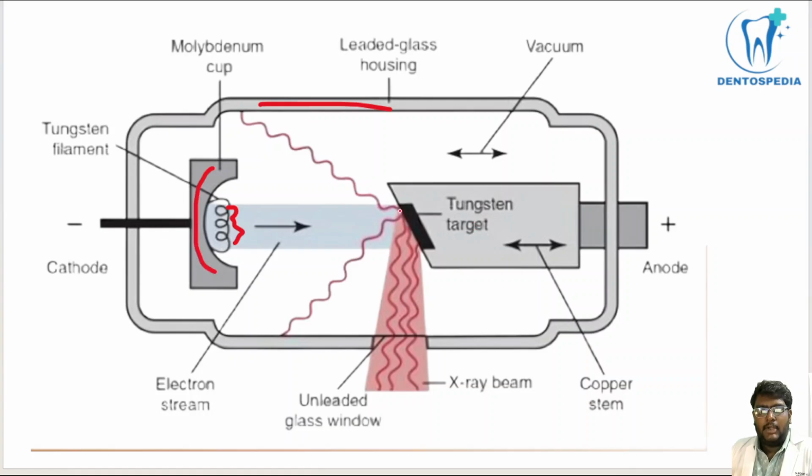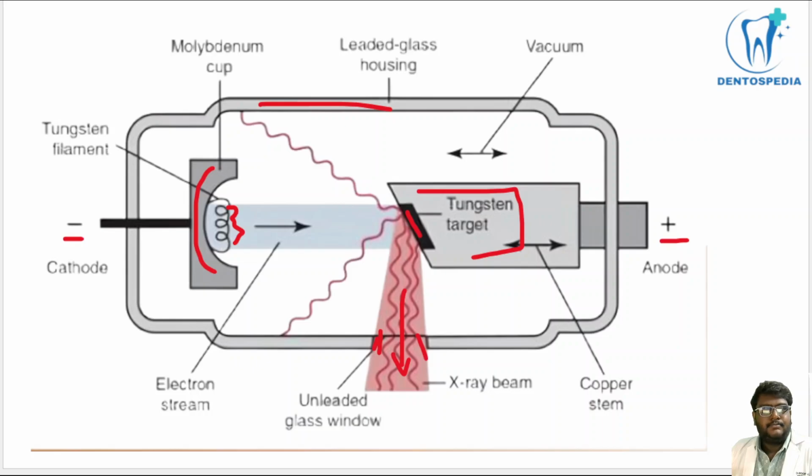Here we have the anode, that is the tungsten plate, surrounded by a copper block. The cathode is connected to the negative terminal, and the anode is connected to the positive terminal of the circuit. And there is a small window here. There is no lid here, and this is where the X-rays exit from the X-ray tube.